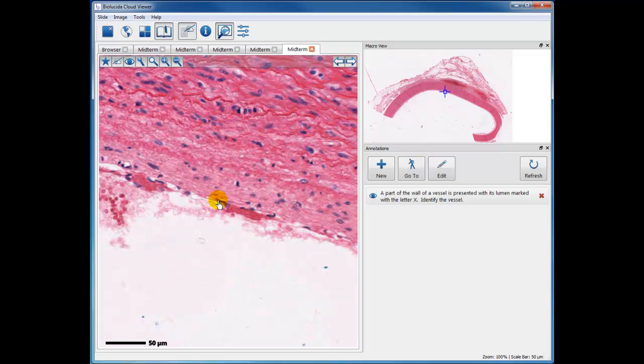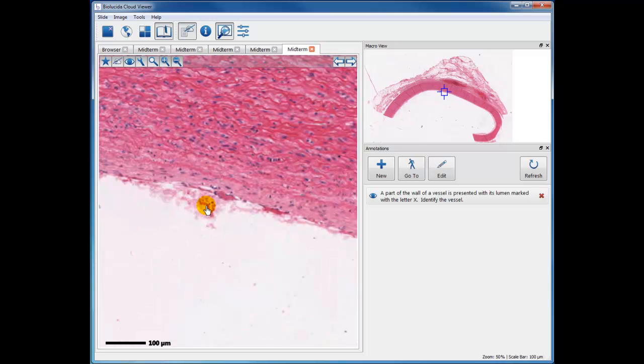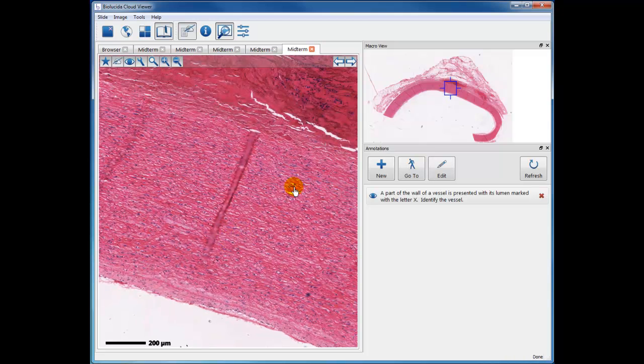But here you can see the flat cells of the endothelium, and there's some extravasated red blood cells here. But the dominant feature are the elastic membranes in the media, so this has to be either a large artery or elastic artery, or you could call it an aorta.